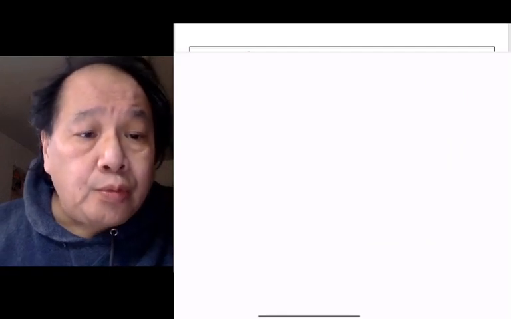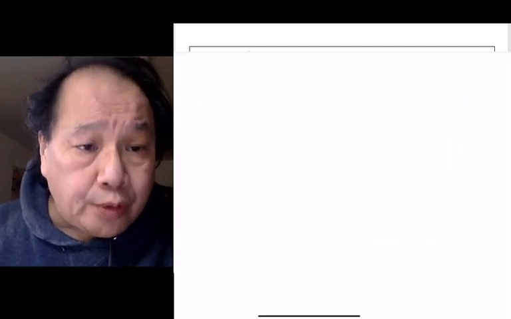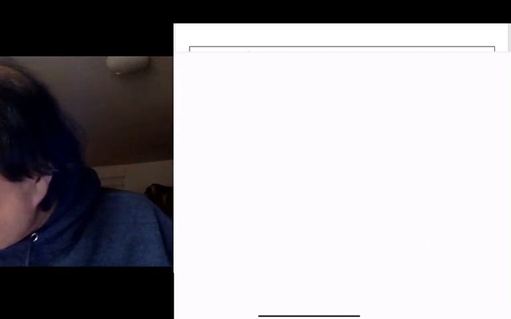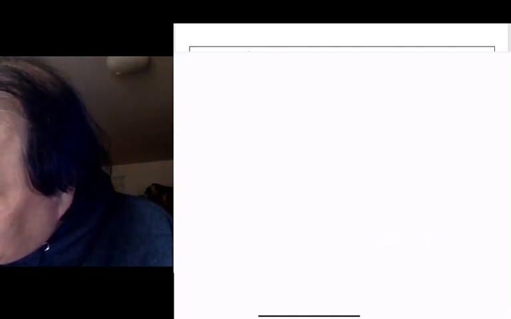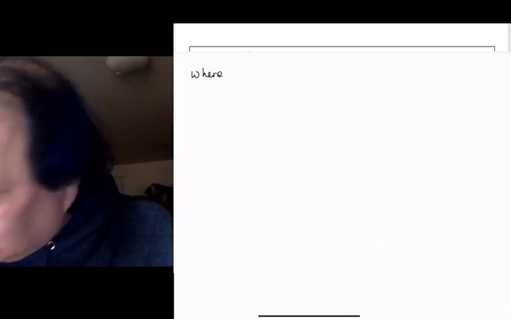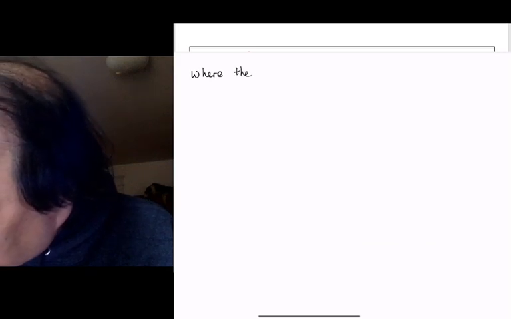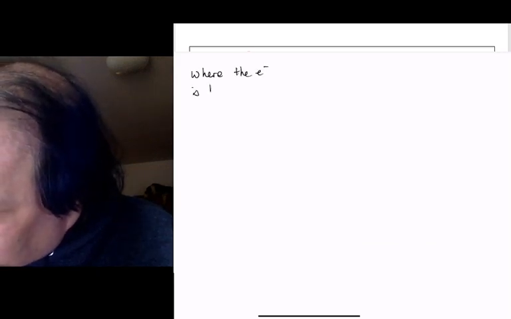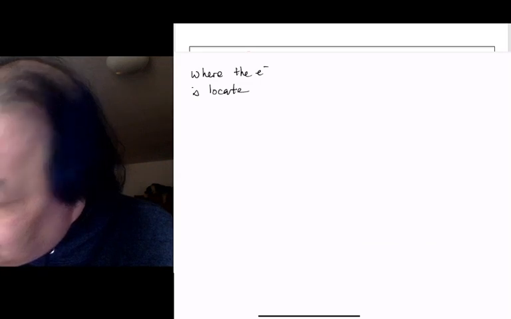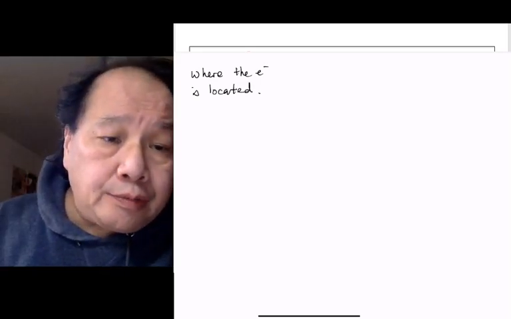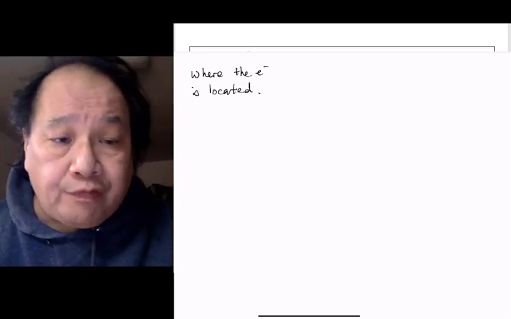One thing we're going to want to know as we move forward is where the electron is located. And helping us will be the following fact.